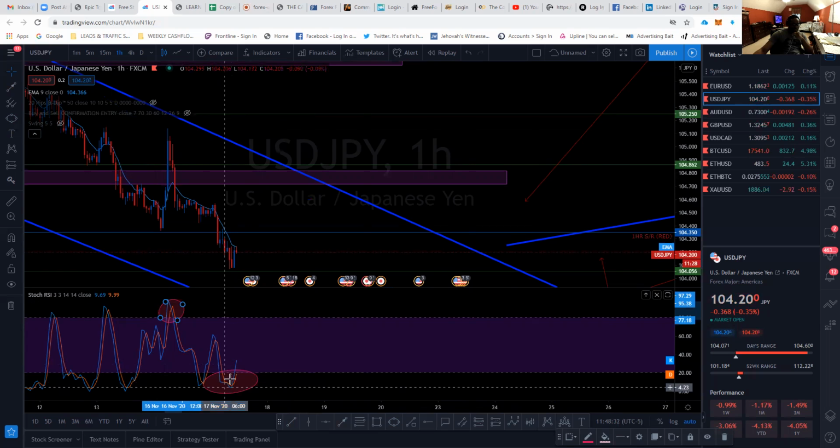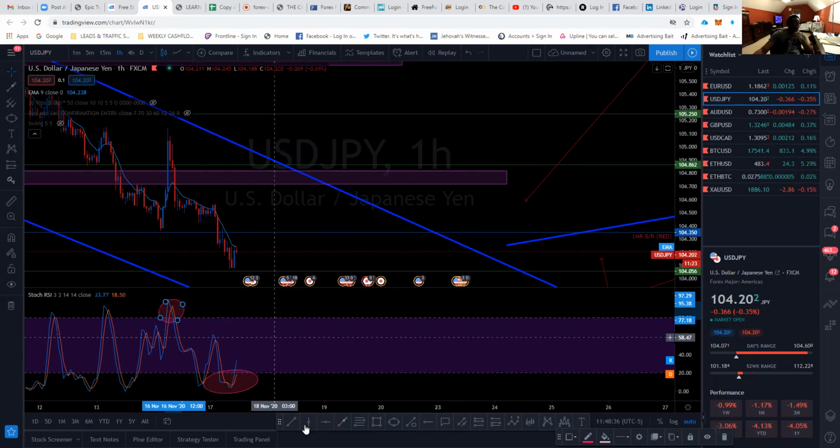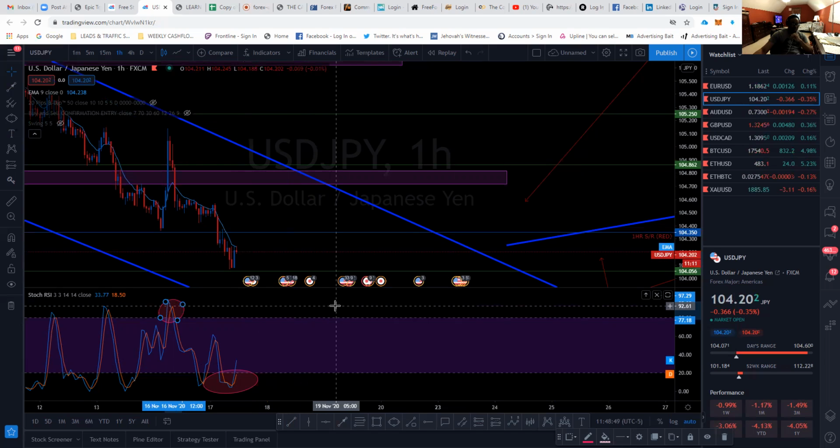Now we see that price has been oversold, so it is going to peak up. So my thought process is based on this RSI, it's probably going to do exactly what I thought it was going to do. It's going to hit this support, boom, boom, boom, boom, and make it drop and probably break this trend line and go down just a little bit further. That's what I'm thinking.